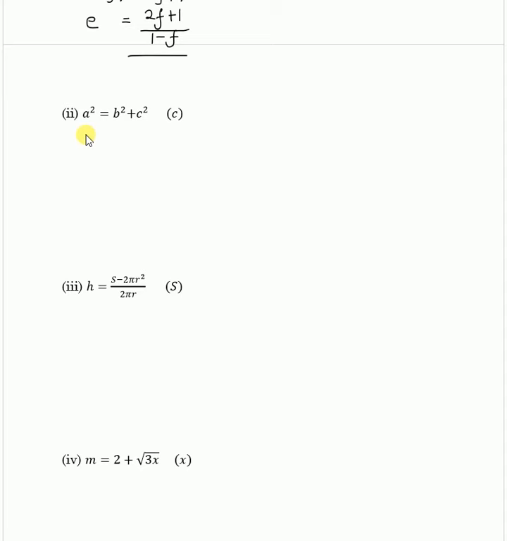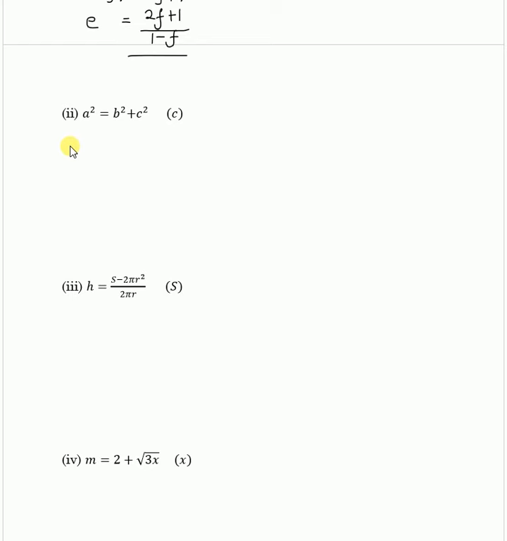Roman 2, we have that a squared is equal to b squared plus c squared. Let me first turn the equation around. Turning the equation around means having what is on the right be put on the left without saying that they are crossing the equal sign. You just interchange them.